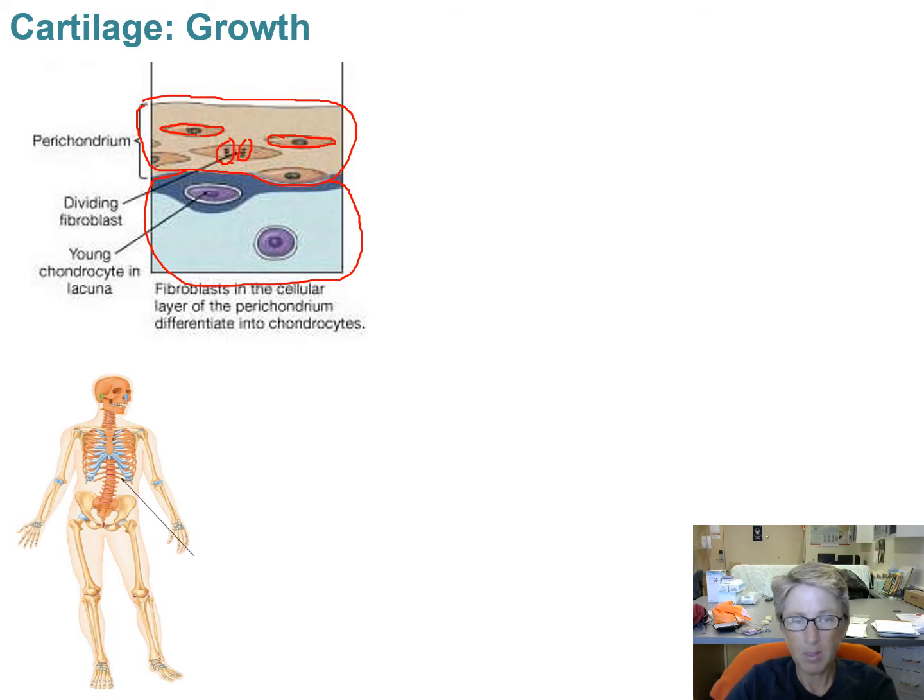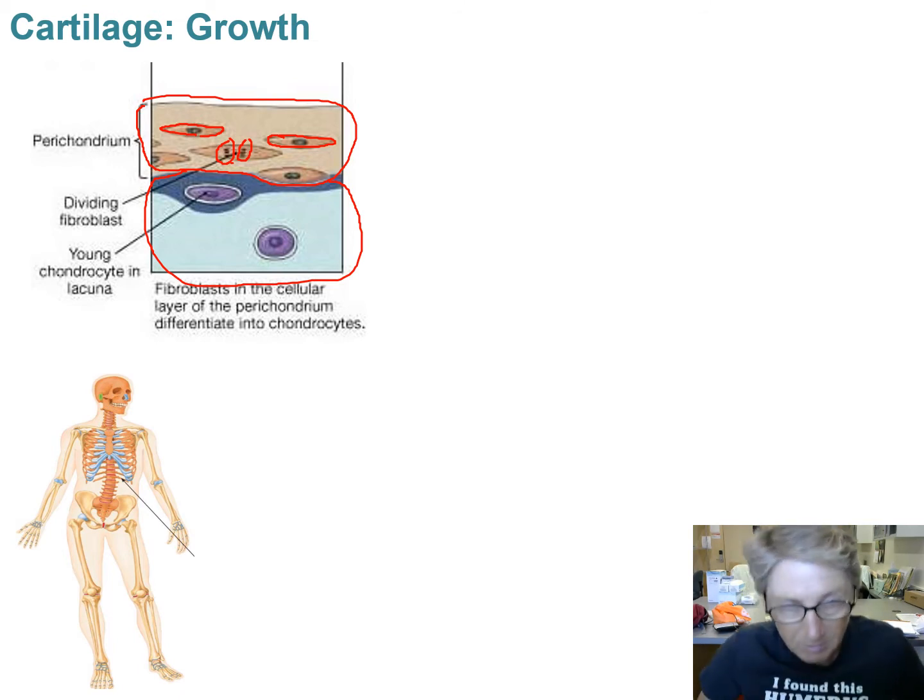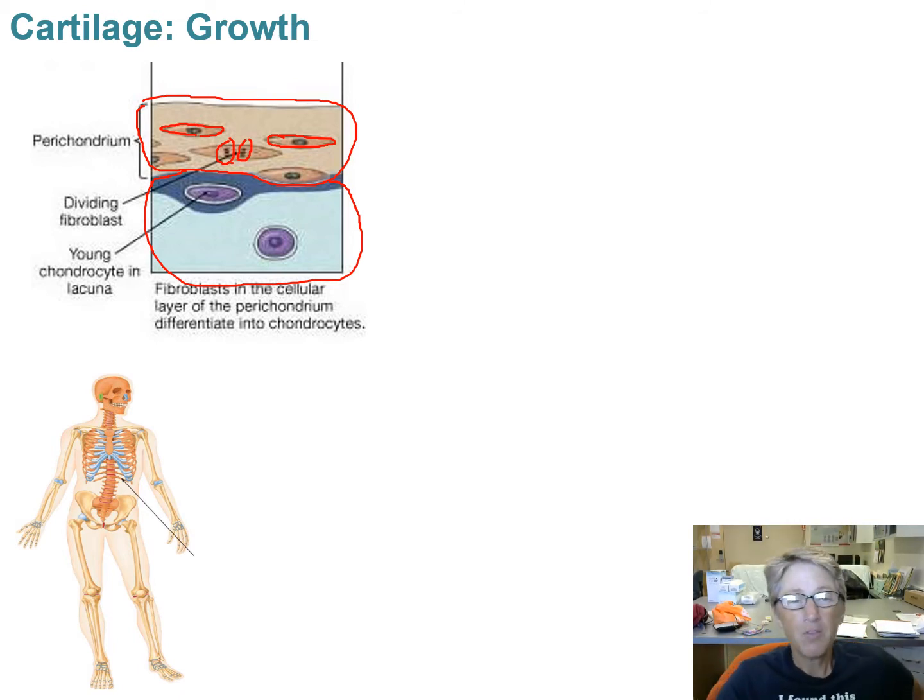Fibroblasts in this layer are dividing, and the daughter fibroblast will go on to do this thing called cellular differentiation. In other words, to make a different cell. So these fibroblasts will differentiate through a bunch of cellular magic that we won't talk about. They'll go on to differentiate into these cartilage cells called chondrocytes.